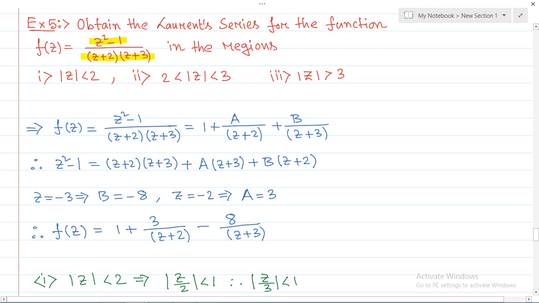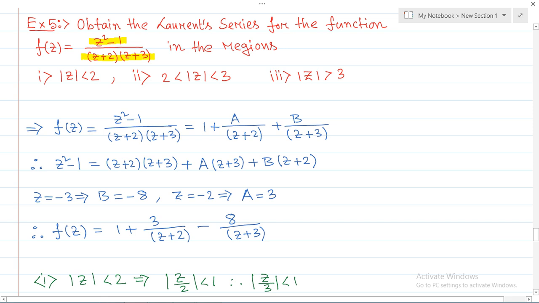Looking at this structure, the numerator's highest power of z is 2, and if we open the brackets in the denominator, the highest power of z is also 2. For all the previous questions, the power of z in the denominator was at least 1 greater than in the numerator. But here both numerator and denominator contain the same power of z.